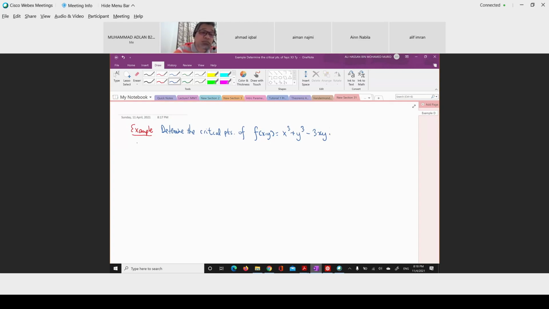Then classify the points as local maximum, local minimum, or a saddle point.